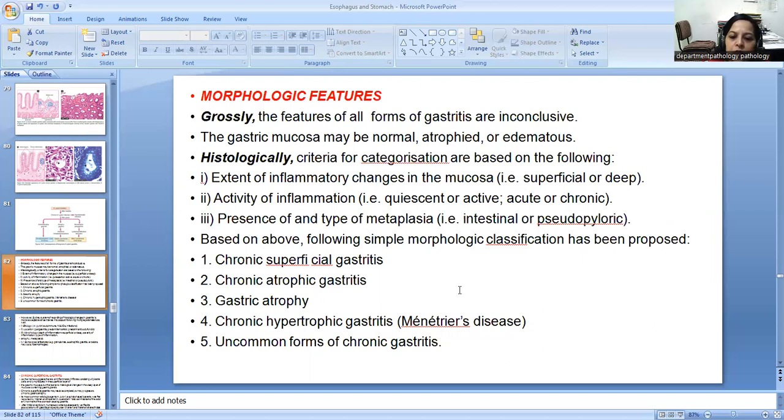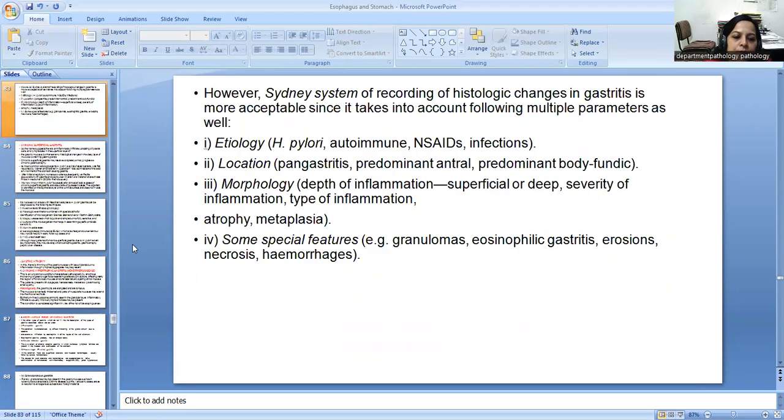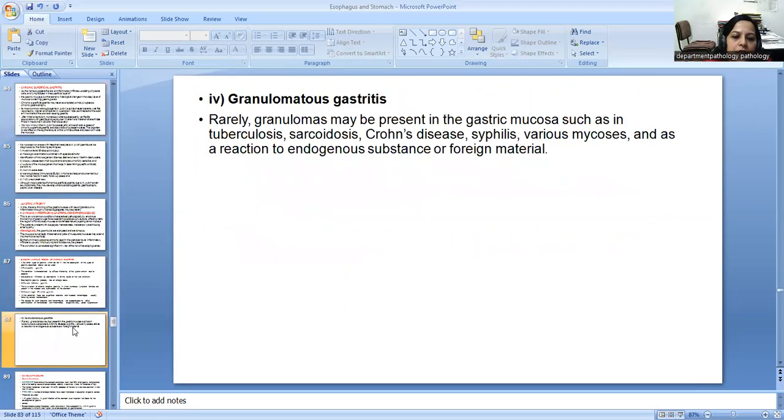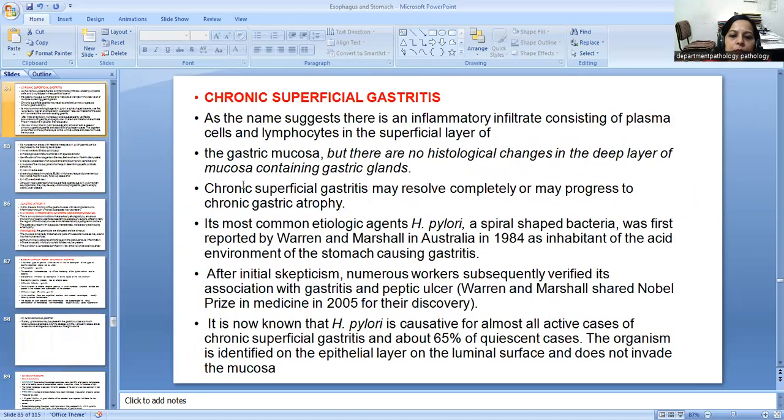So, based on above, the following simple morphological classification has been proposed for gastritis: chronic superficial, chronic atrophic, gastric atrophy, chronic hypertrophic, which is also known as Menetrier's disease, and uncommon forms of chronic gastritis. So this is the Sydney system of recording of histological changes in gastritis. This is more common.